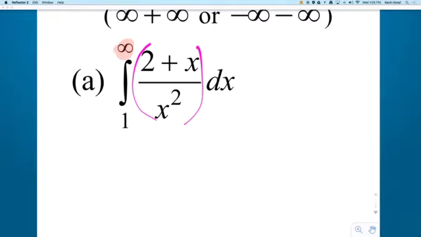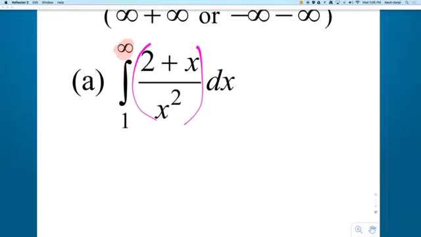The bottom is bigger. If the bottom were x cubed, it would actually be convergent, though.